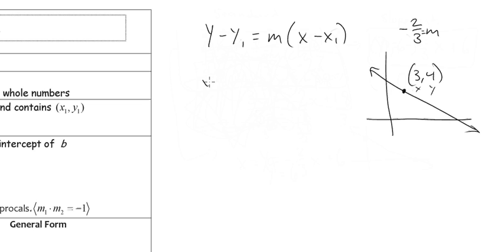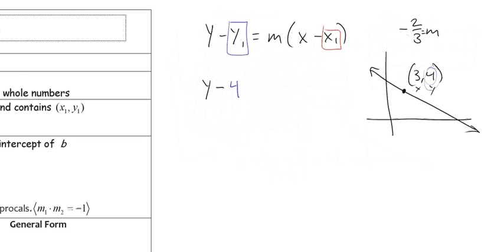So y minus the y value of the point: y minus 4. Notice it's minus this, so I wrote the minus in black. That's going to stay the same. The point itself is always just the y value here when it's being subtracted, and the x value.